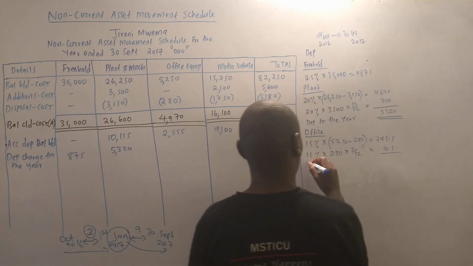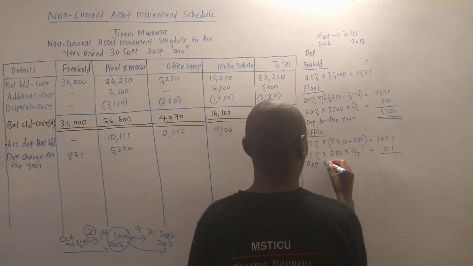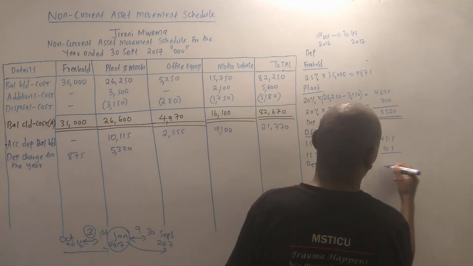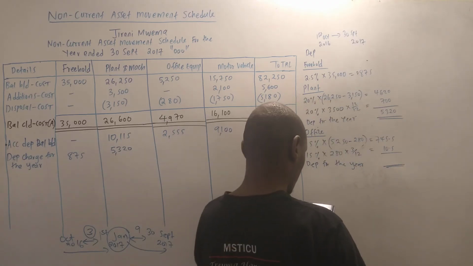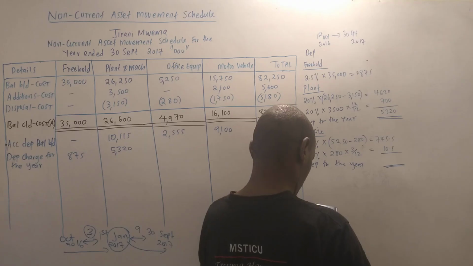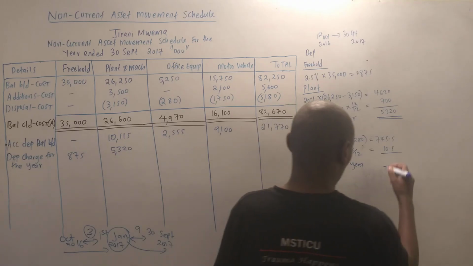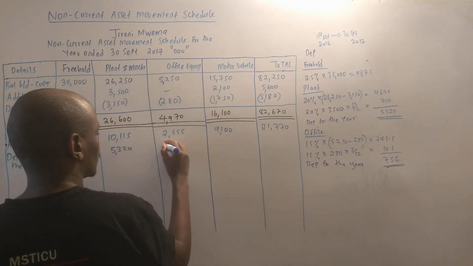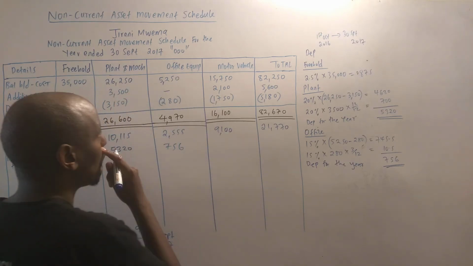So depreciation for the year. That was 745.5 plus 10.5. That is 756. So 756.